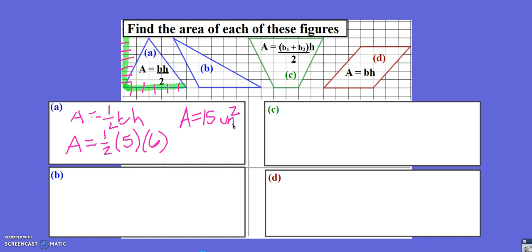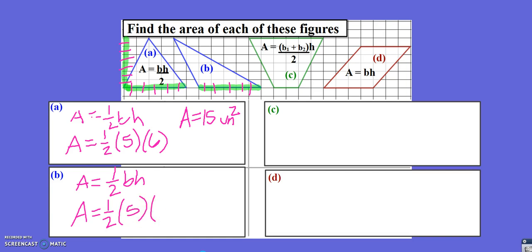Shape B is also a triangle, just a different shape, different base, different height. So we're going to use the same formula, area equals 1/2 base times height. Let's figure out what our base is. Base down here, we can count that off. 1, 2, 3, 4, 5. Still have a base of 5.